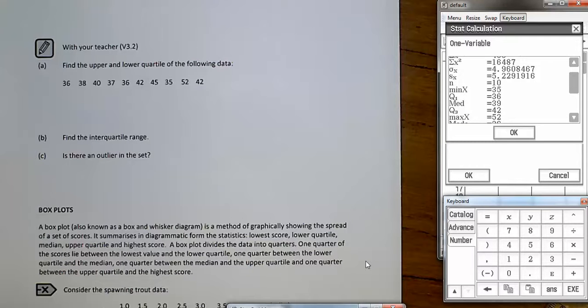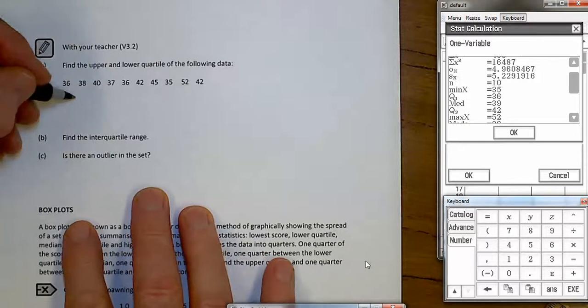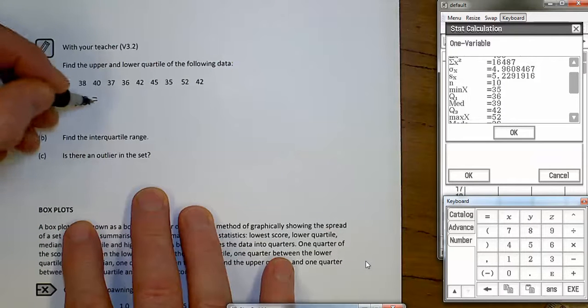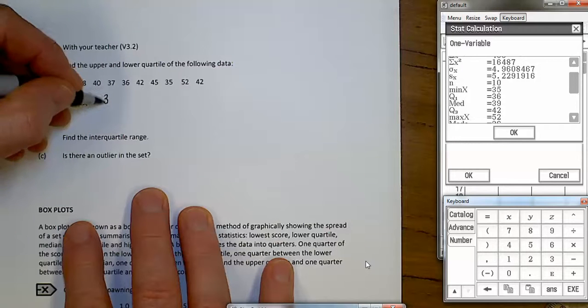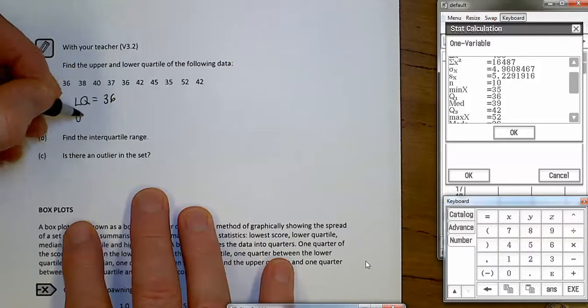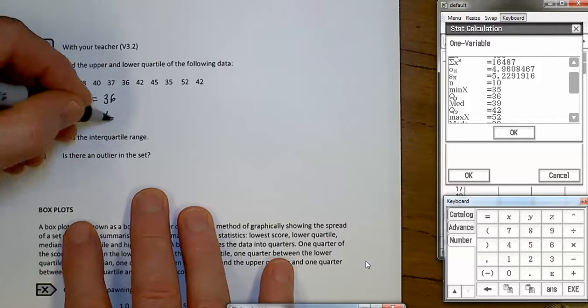First of all, we have to calculate the interquartile range, and to do that, we need to know the upper quartile and lower quartile. Now, you can do this either by hand or on your calculator. I've already done it on my calculator, and so I know that the lower quartile is 36, and the upper quartile is equal to 42.